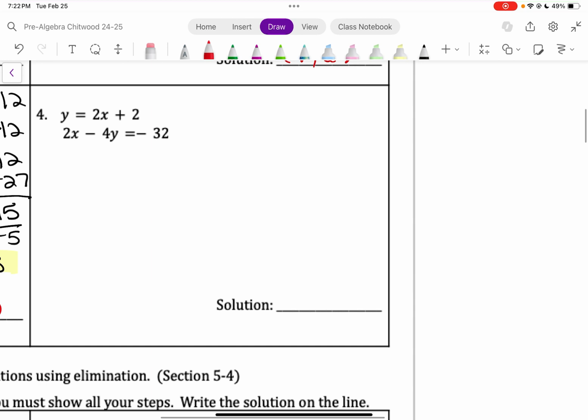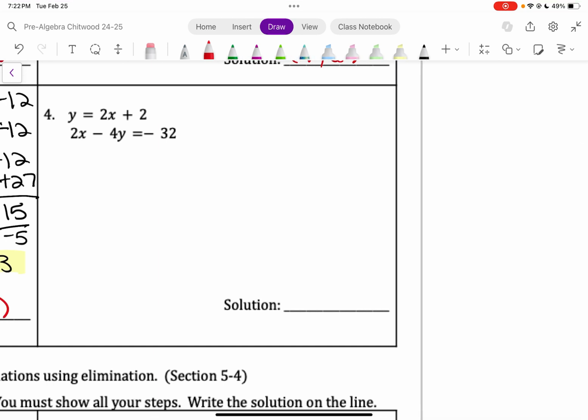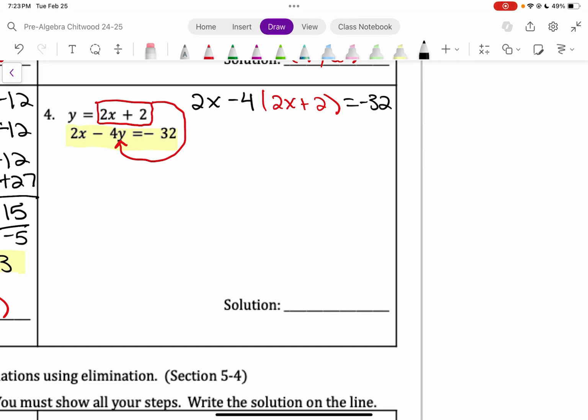All right. Next one, same thing, circle what is given to you, and you plug it into the same variable in the other equation. I plug in y for y, and the equation that is being substituted into is the one that we're going to work with. So I'm going to write 2x minus 4, then in parentheses is 2x plus 2 equals negative 32.